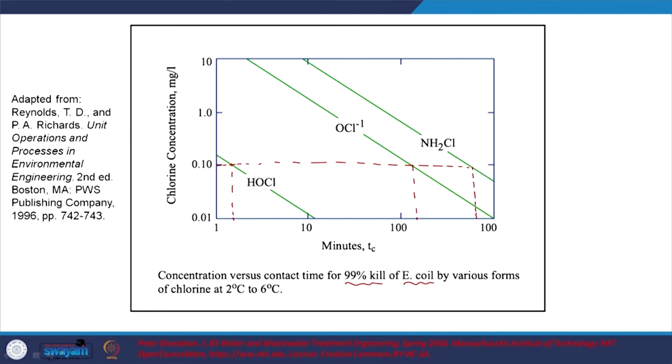I guess this should have been 1000, because this is a logarithmic scale, 1, 10, 100, 1000, each time 10 times higher. So HOCl is remarkably effective, and for a given time, say 10 minutes, the concentration of HOCl required is much lower compared to the concentration of OCl minus required. So we have to play around with the pH to maintain a favorable concentration of HOCl, but you can't bring the pH too far down.